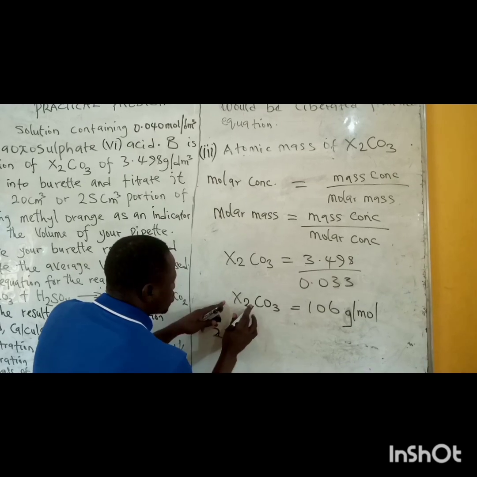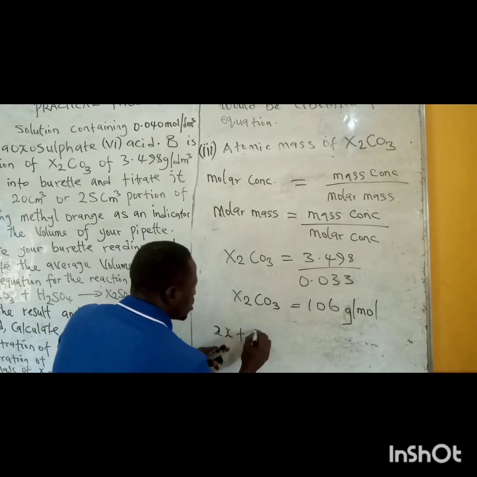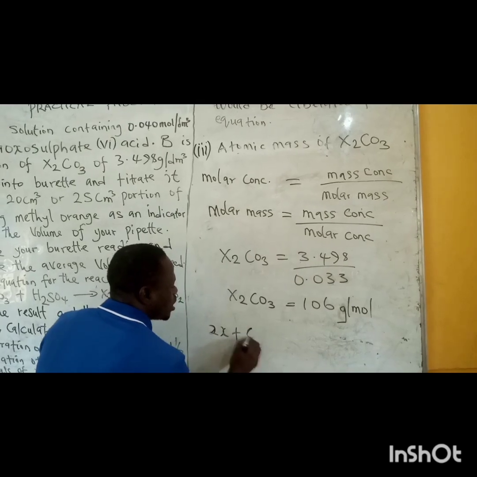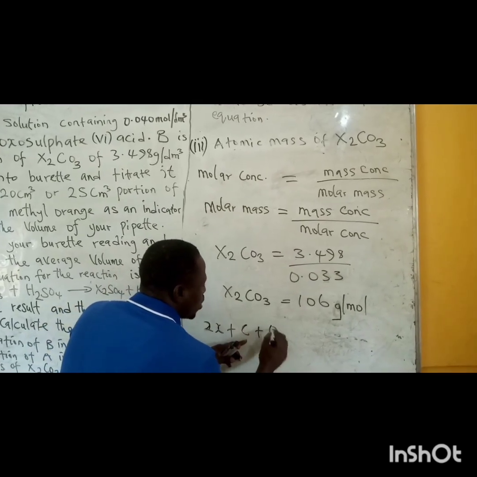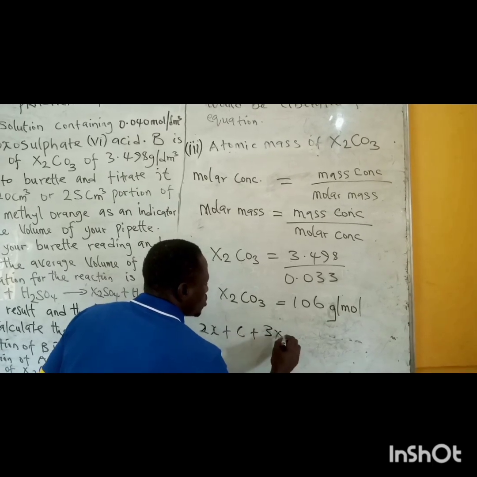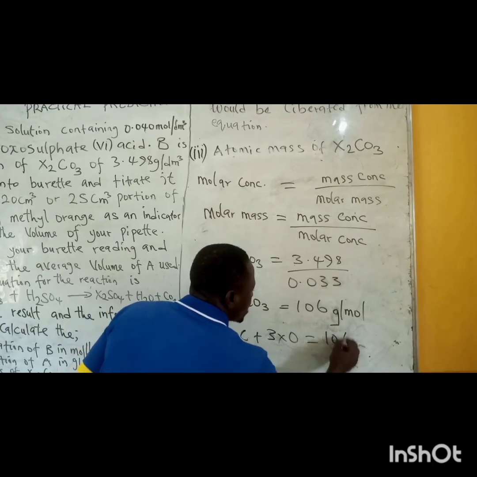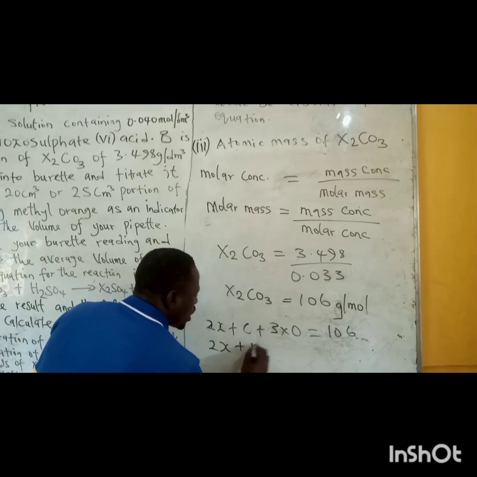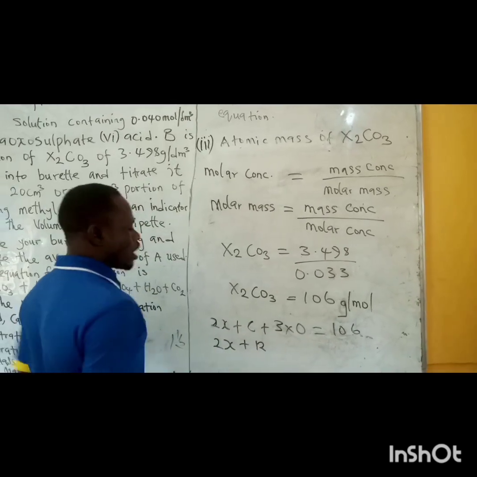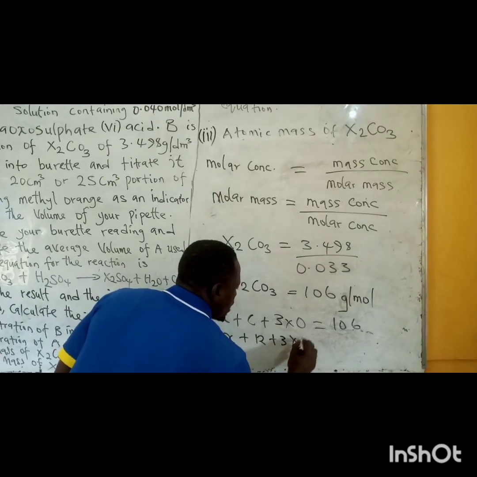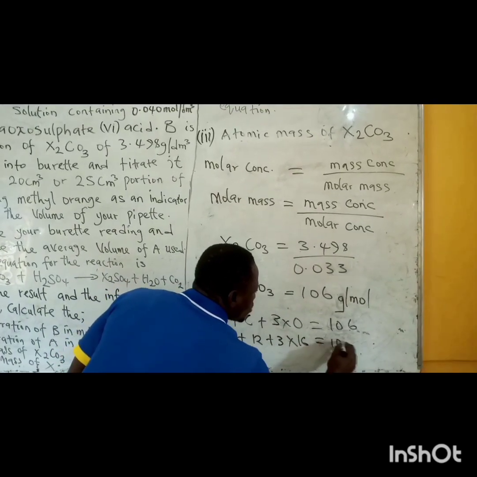And at the end of this one, what we are going to do, we have 2x. We are taking this one to this side plus carbon here, which is given, plus 3 times O equals 106. 2x now plus, see, carbon is 12. The atomic mass of carbon is 12 plus 3 times oxygen, 16, is equal to 106.